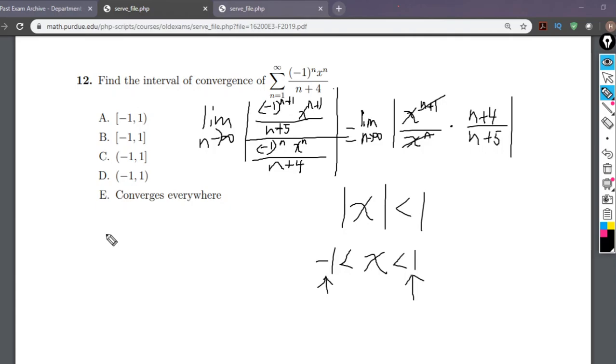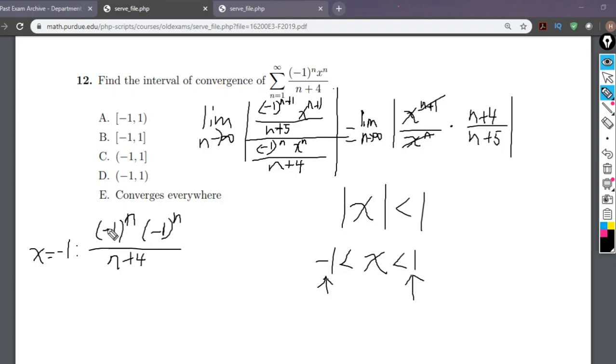As I will show you here, when you plug x equal to -1 in, then you will have the series being the sum of -1 to the nth plus plug in -1 for x, -1 to the nth again over n plus 4.